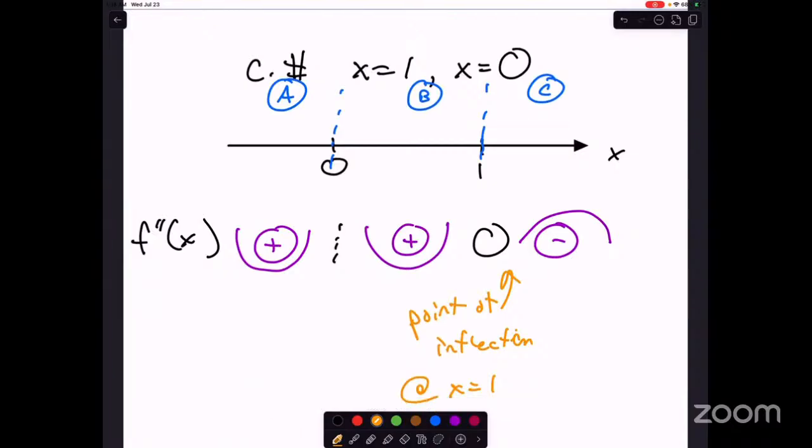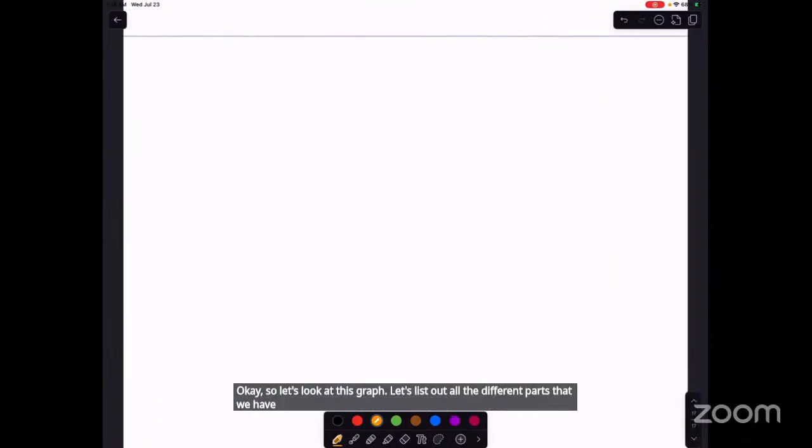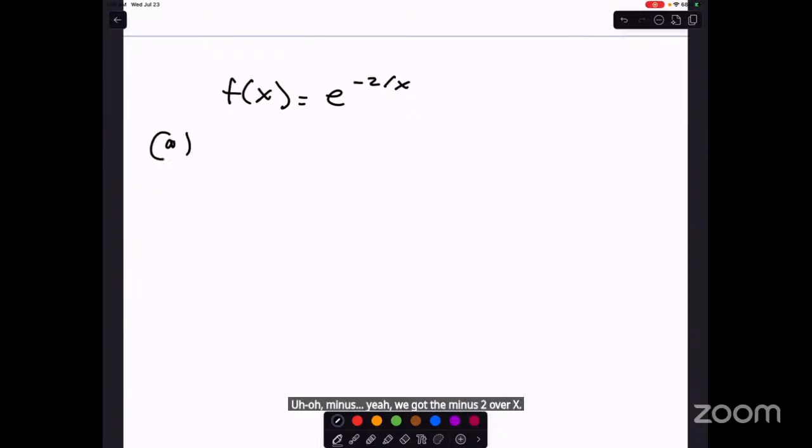Okay, so let's look at this graph. Let's list out all the different parts that we have. Let me see. So for the original function, we got the minus 2 over x. So for the vertical asymptotes, let me see.